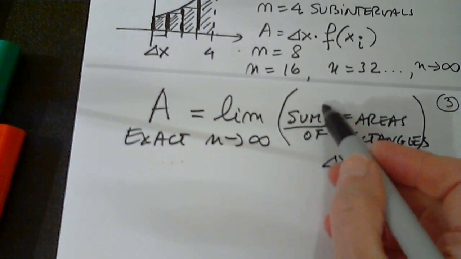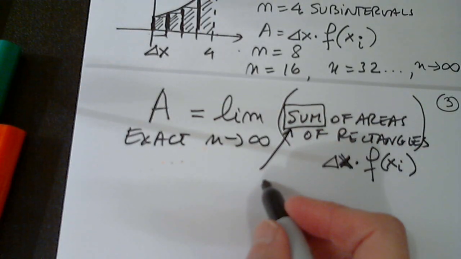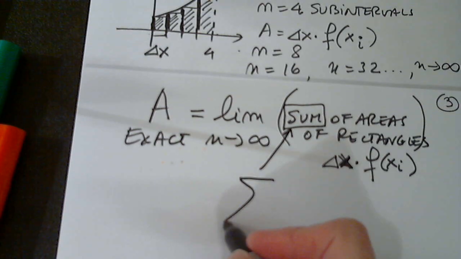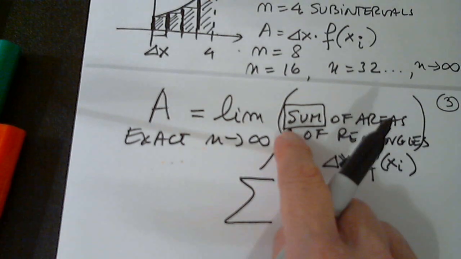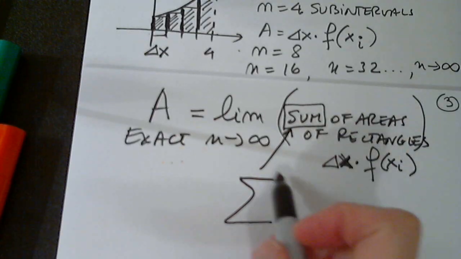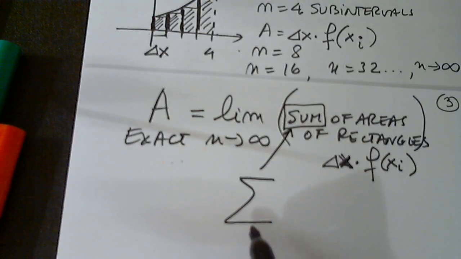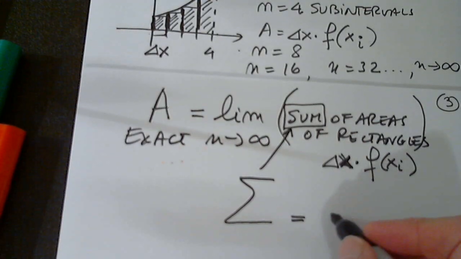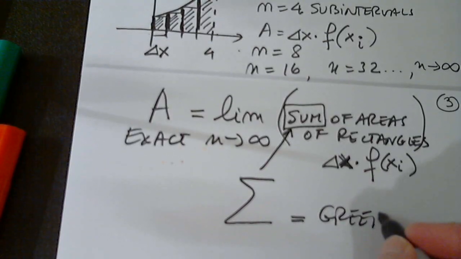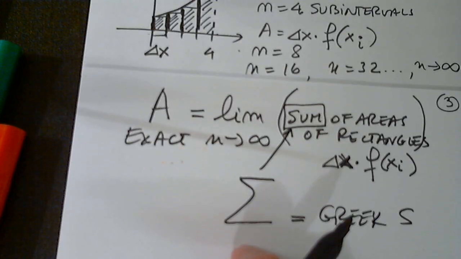And now the sum has a specific notation. What is this? It's the Greek letter S. Why don't we use our letter S? Because it's not convenient. So this is nothing else but the Greek S. Why?